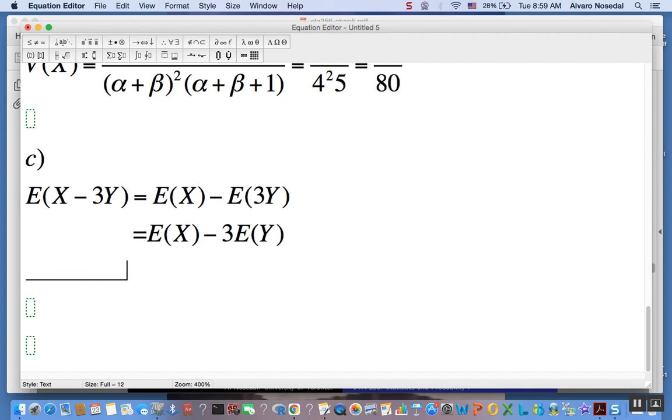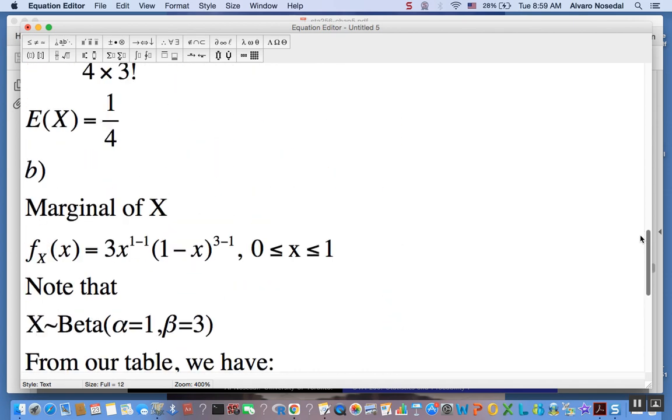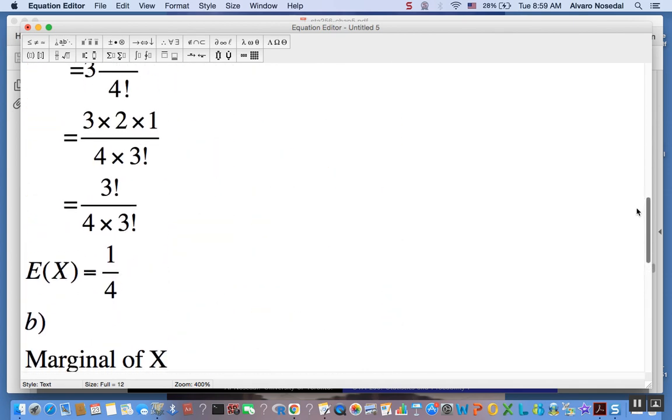The expected value of x, we already have here, is 1/4.